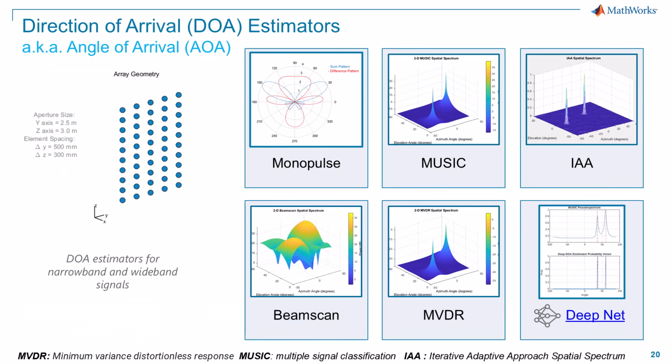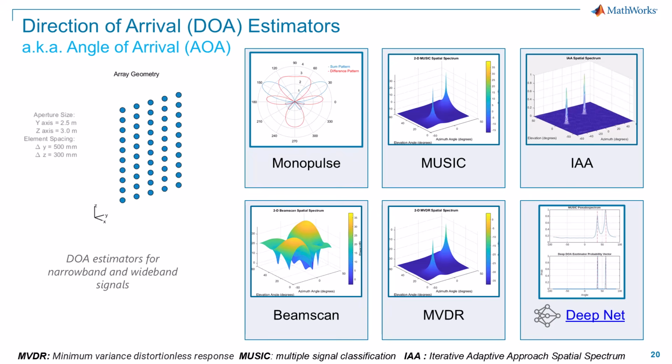For DOA estimation specifically, we implement 6 algorithms, each shown here with its spatial spectrum output from the same array. Monopulse, classic sum and difference beams. It's fast, it's low computational cost, most common for airborne radar warning receivers.